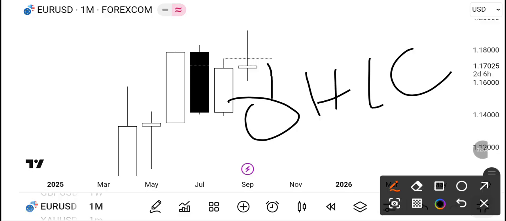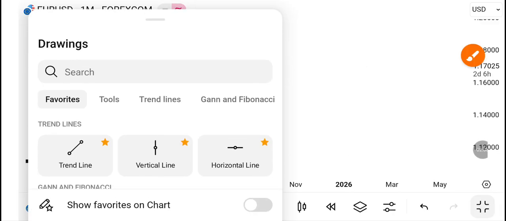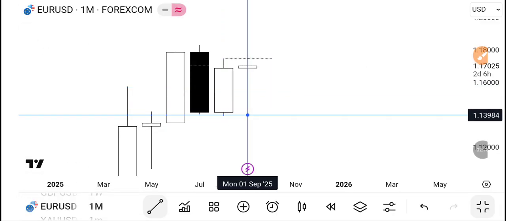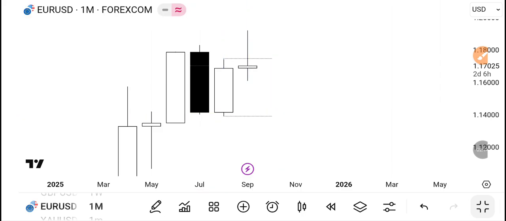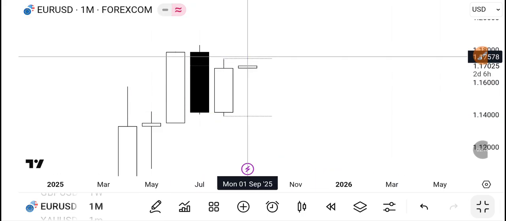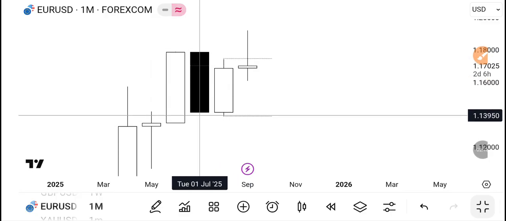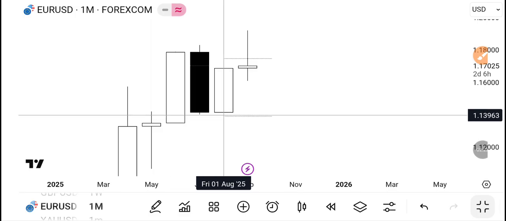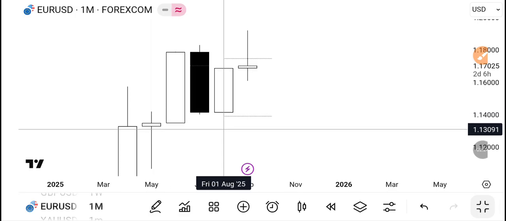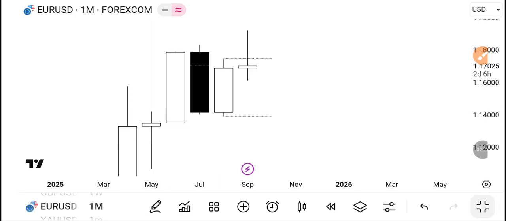The draw on liquidity. We have long-term draw and short-term draw. So this is a short-term draw and this is a long-term draw, because we are now running price towards this previous candle low. Hope you understand.